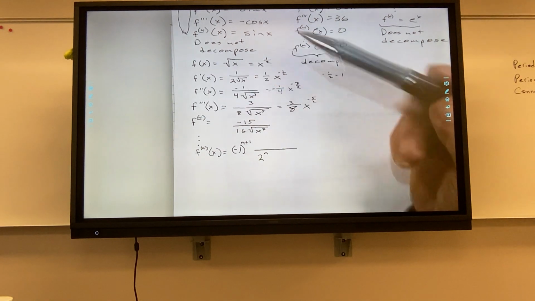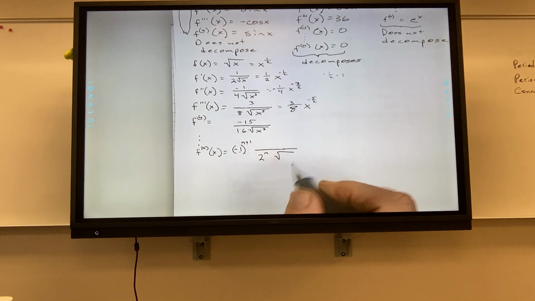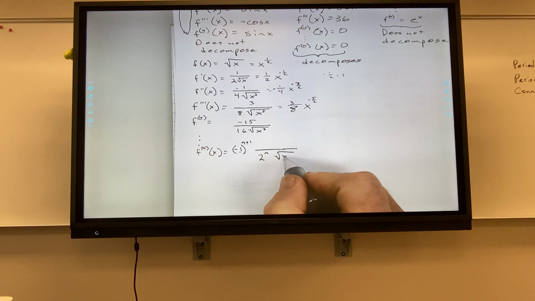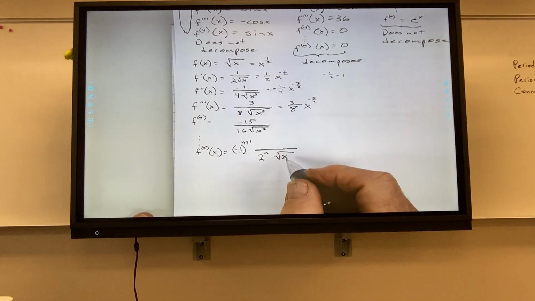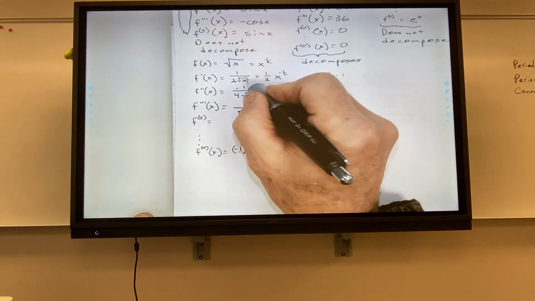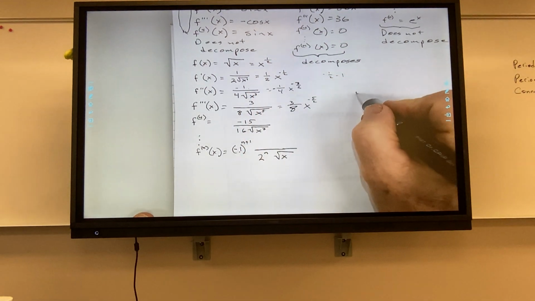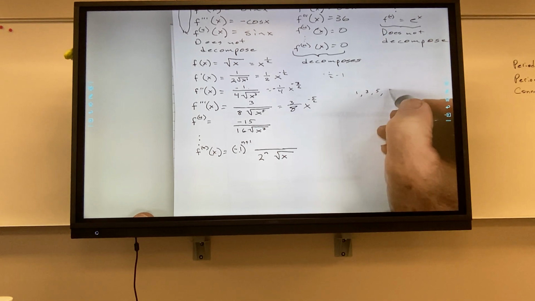Okay. Square root, would people agree? X up here, would you agree? To what power? Right, this power is 1, so the order is 1, 3, 5, 7.